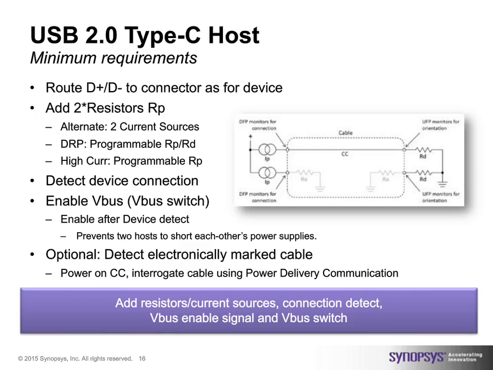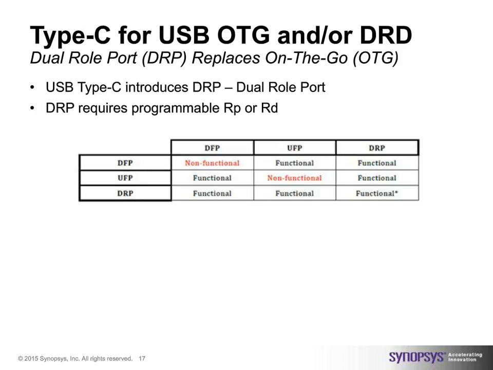So, Morten, what about Type C support for the USB On-The-Go or dual-role device configurations? Yes. Now it's getting to be a bit more complex. First of all, you need to realize that connecting two hosts together, you don't expect that to work.